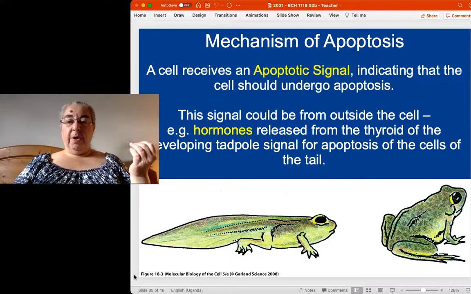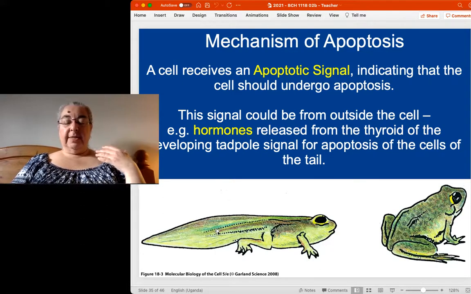So there are a number of different signals that can tell a cell that it's time to enter apoptosis. So in the example of a developing frog that we saw here, the signal is a hormone that's released from the thyroid of the developing tadpole, travels around its bloodstream, and provides a signal for the cells in its tail to start breaking down, to start the process of apoptosis.